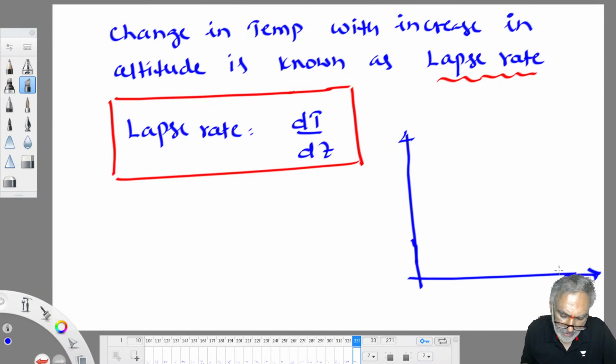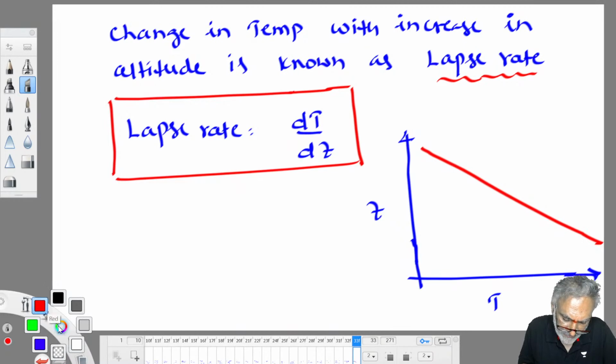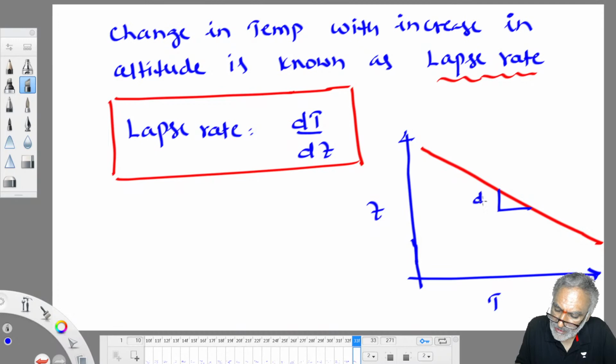Beyond the troposphere we don't have any other business. So whatever we discuss in air pollution studies is only the troposphere. How does the troposphere temperature profile change? It decreases with altitude. So the slope of this profile is called lapse rate. So this is dz, this is dT. So dT by dz is known as lapse rate.